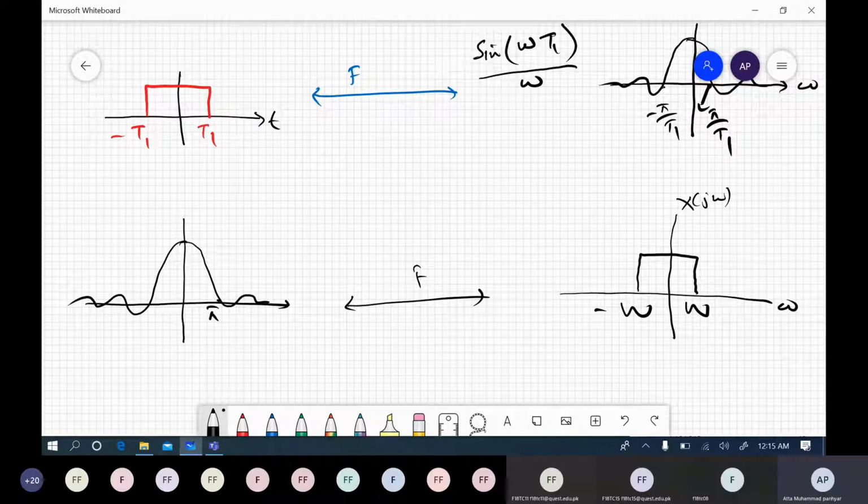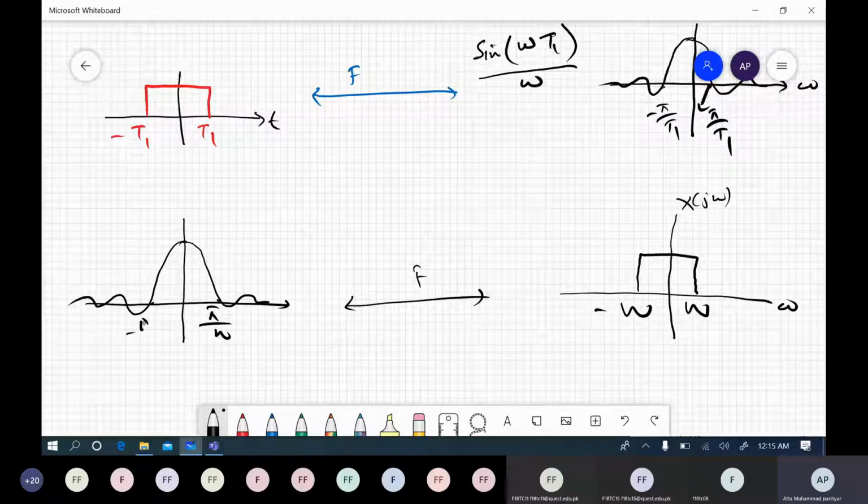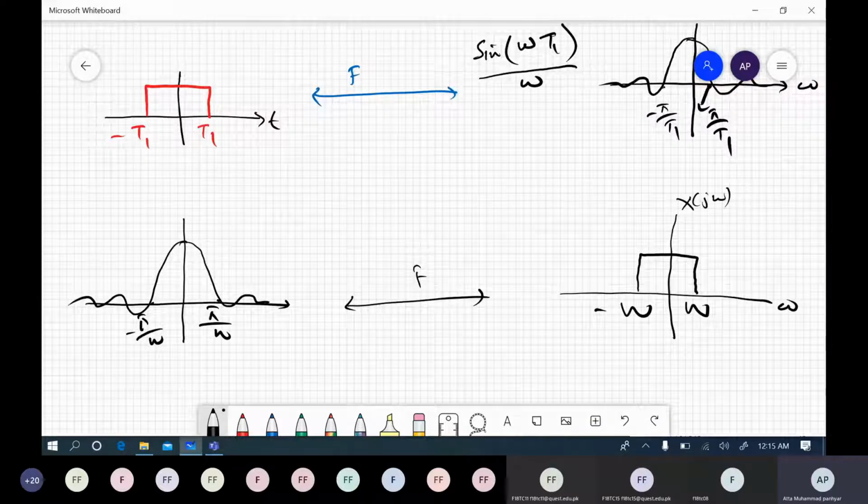So this must be pi by w, minus pi by w, right? Pi, and its associated signal was sine w t upon pi t, right?